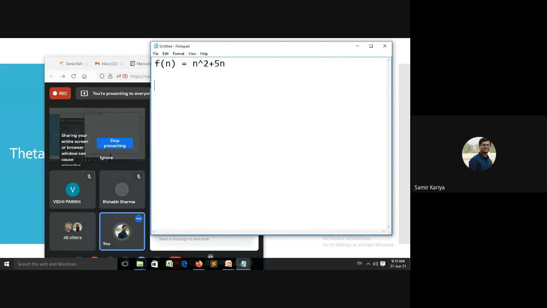So what is the answer? For big O, we can write n square, or you can write n raised to 3, or anything greater, n raised to 4 and all those.